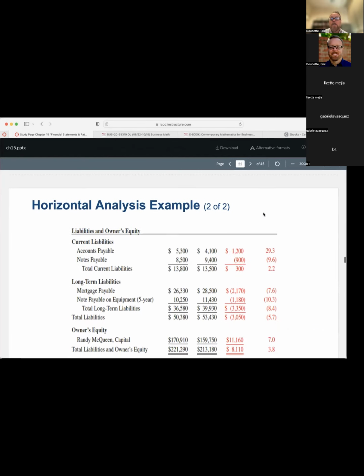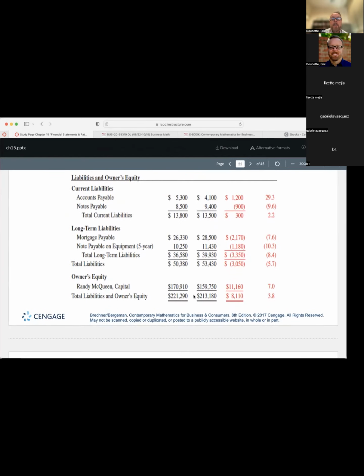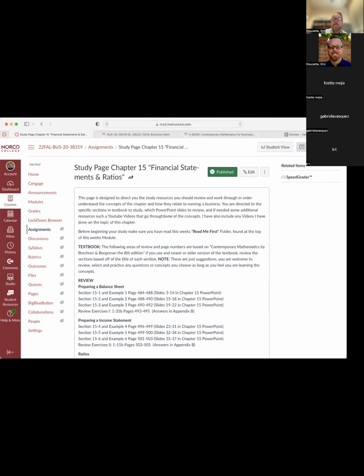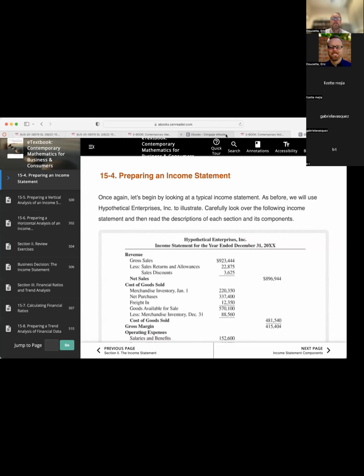It's 3.8%. If you come down here, do the same thing on total liabilities. You have the same thing, 8,110 at a 3.8% change between the 2 years. So that's all you do in horizontal analysis is you subtract the difference and then divide by the original amount. And that's I think a lot easier than the others. So, all right, so that's looking at balance sheet.